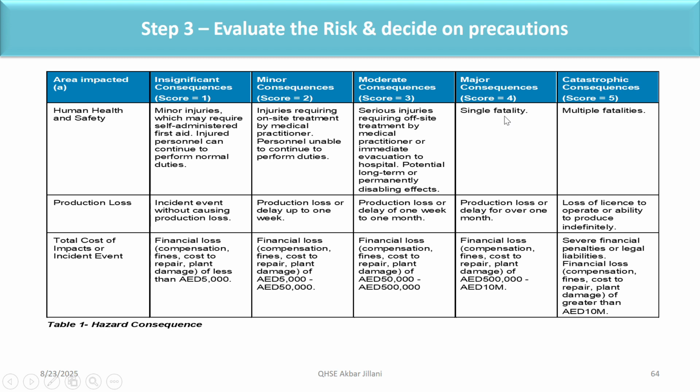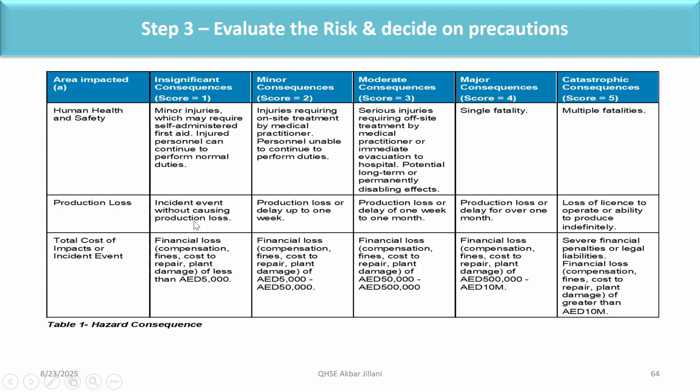Now here, major means a single fatality, 500,000 to 10 million, then it will be like minor. Major and multiple fatalities, and over here the loss will be more than 10 million.